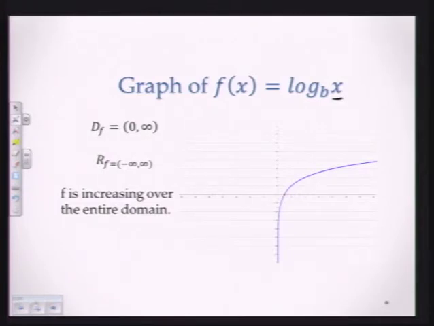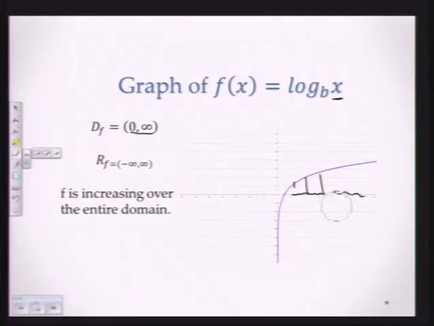It's like if we took each one of these points and collapsed it to the x-axis, we would be covering the positive x-axis. Hence, the domain is 0 to positive infinity.